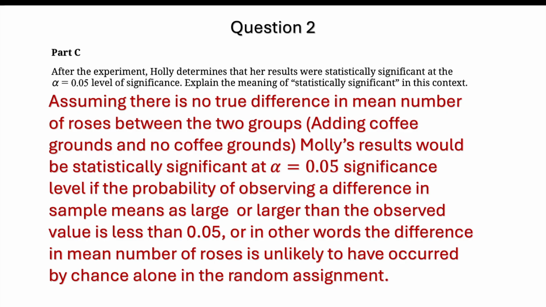Or in other words, the difference in the mean number of roses is unlikely to have occurred by chance alone in this random experiment or in the random assignment.